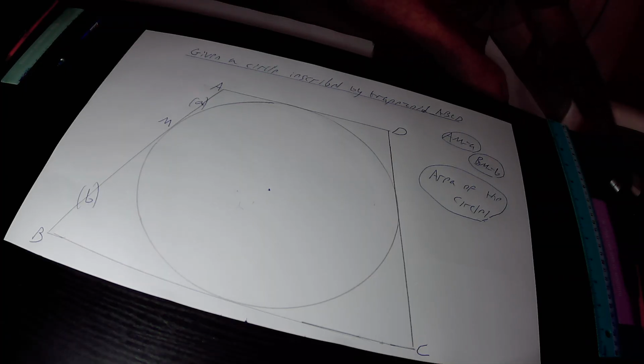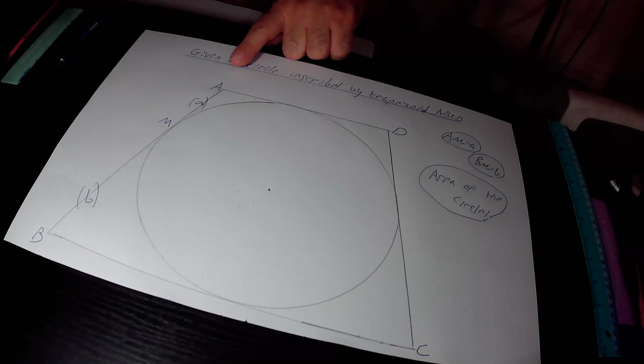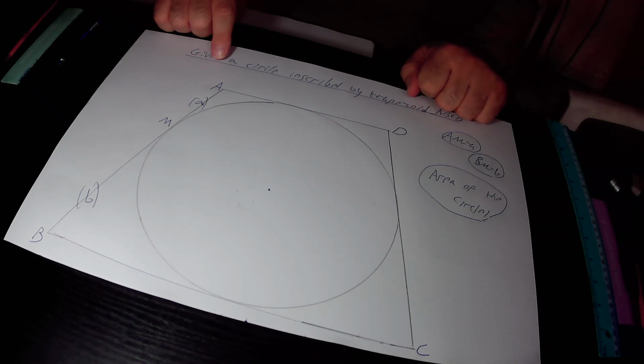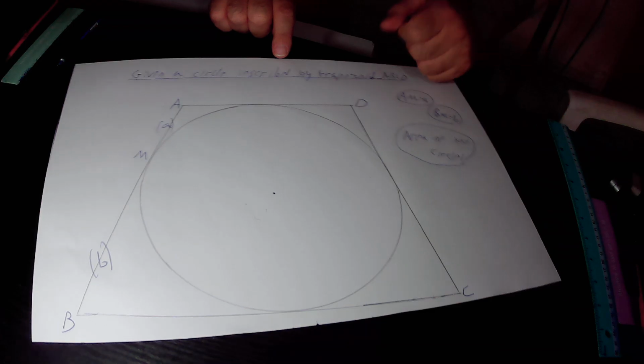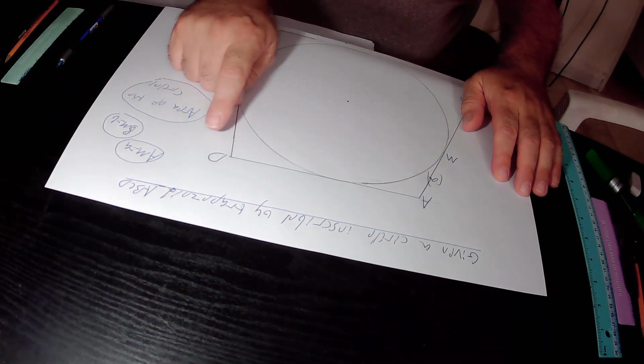Why? Because in our drawing, if we focus on this common center point, point A, from this point A we have two tangents to this circle, tangent AM, and we have also this tangent. We define the point of tangency of tangent AD with this circle.